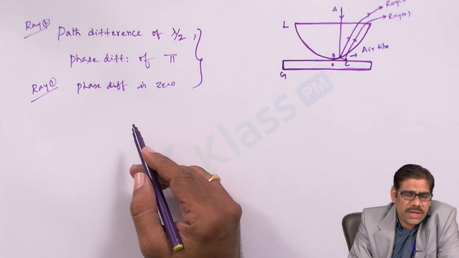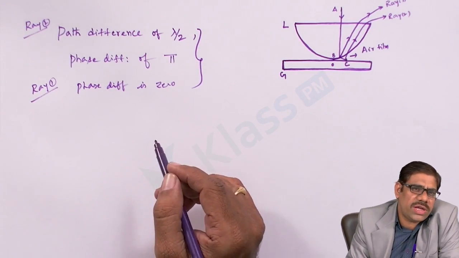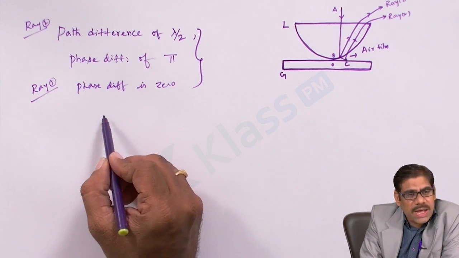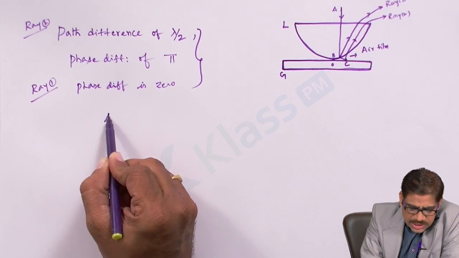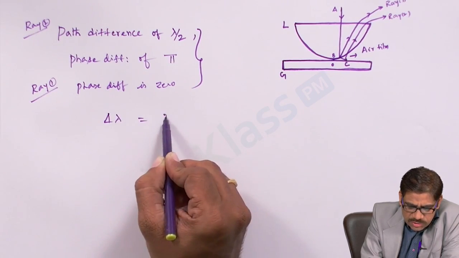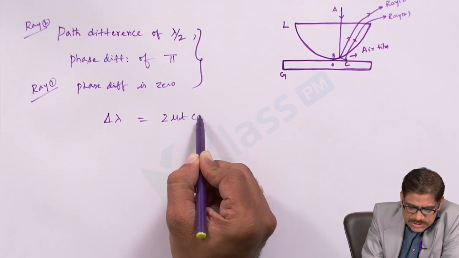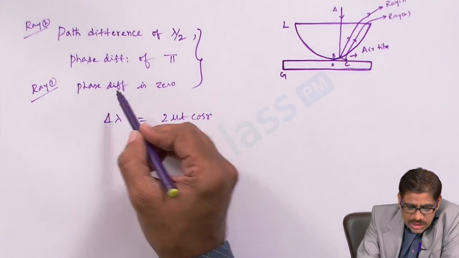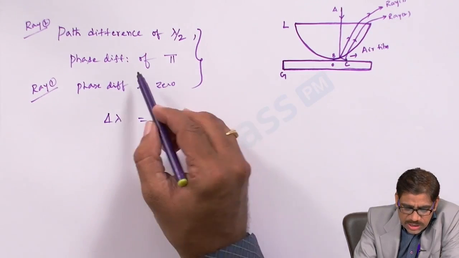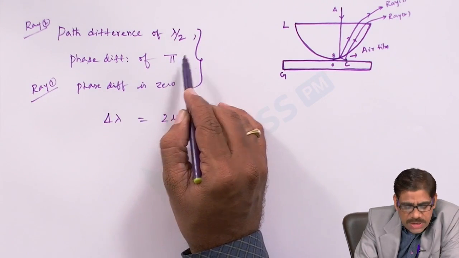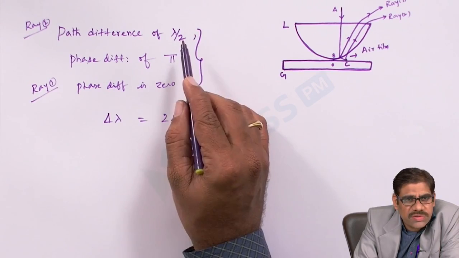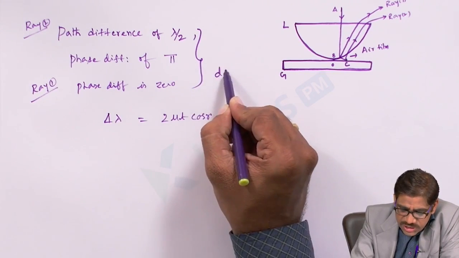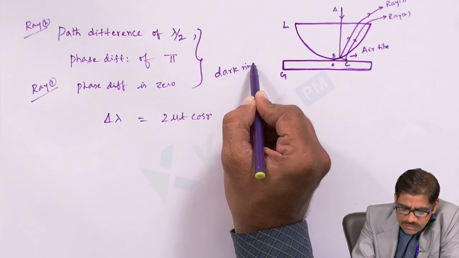Now, if you take up the conditions for the interference pattern, as we know from our earlier classes, the path difference delta is equal to 2 mu t cos r. Since the ray undergoes a phase difference of pi and a path difference of lambda by 2, this is an additional path difference maintained by ray 2, because of which a dark ring is formed.